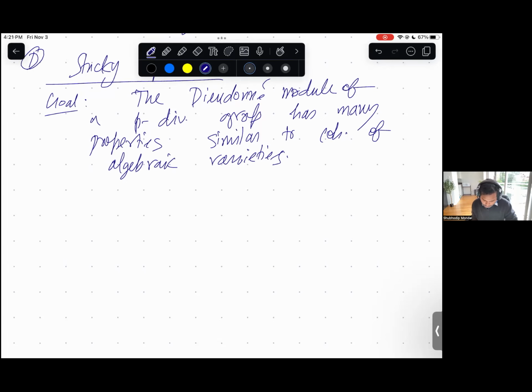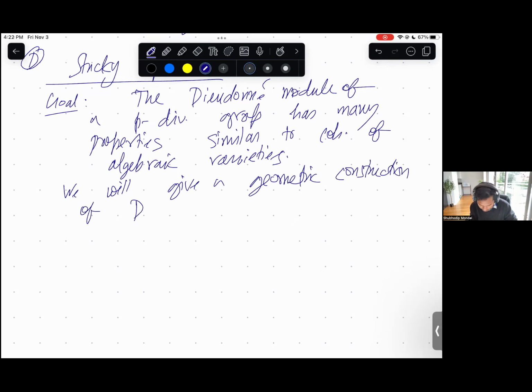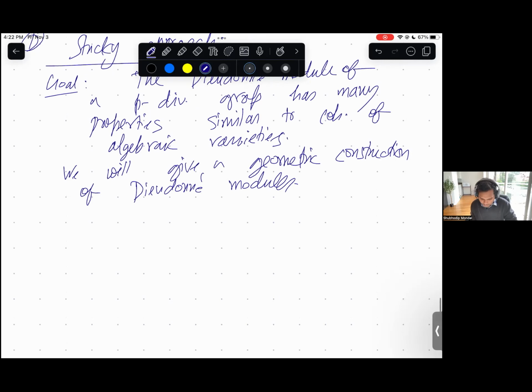So what we will do in this part is give a geometric construction of Dieudonne modules. This will be in terms of the classifying stack.